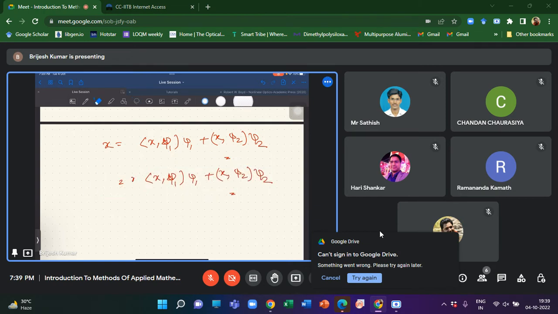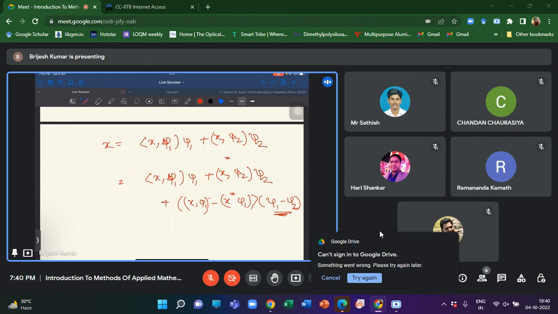We can add x comma phi 1 minus x, and minus phi 1 and phi 1 minus phi 2, which is equal to phi 3. So this can also be added.